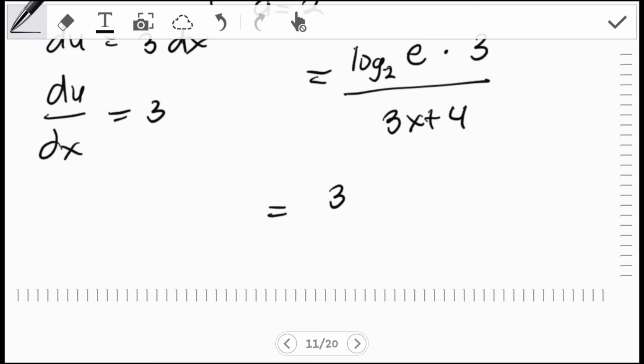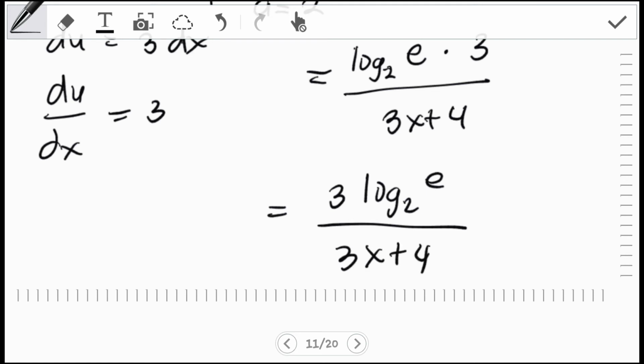So 3 log of e to the base 2 over 3x plus 4. So that is the final answer.